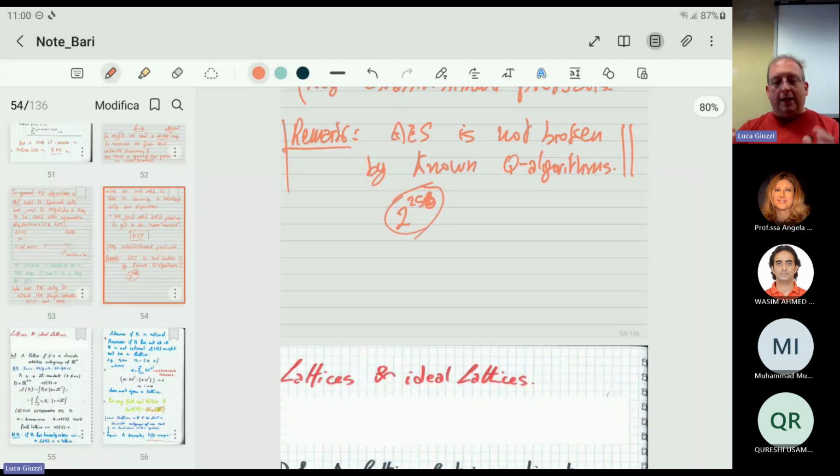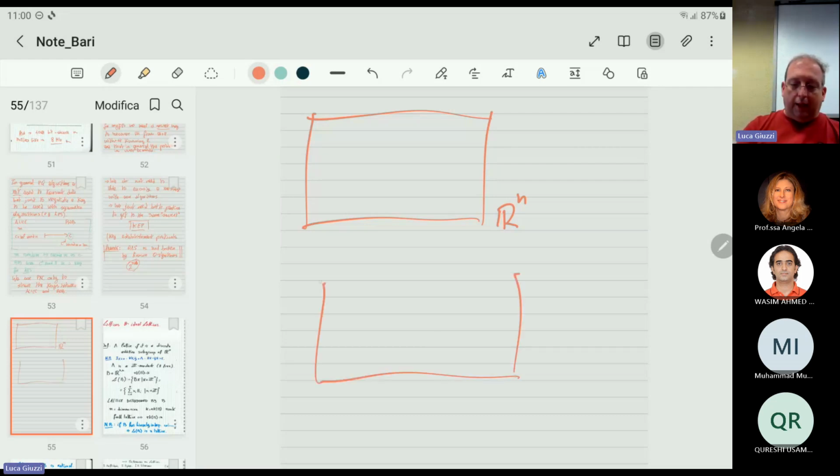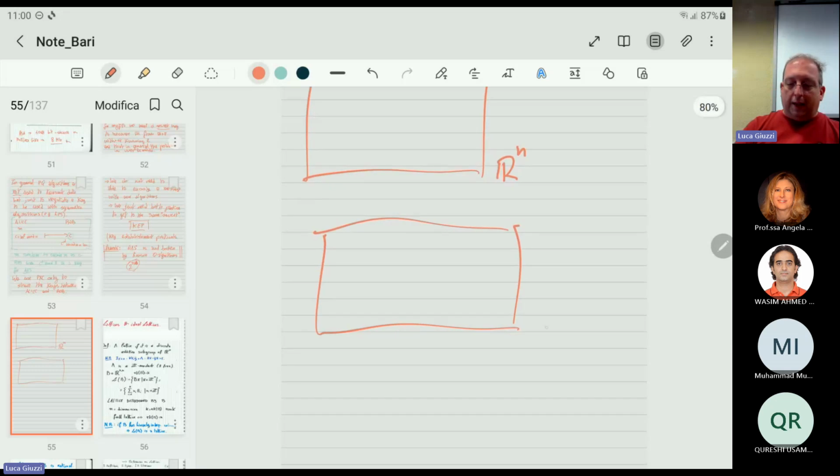So what is the basic idea of both lattice-based and code-based cryptosystems? Basically, you have a setting, which in the lattice-based cryptosystem is a real vector space of dimension n, and in the case of code-based cryptosystems is F_q to the n, a vector space of dimension n over F_q.